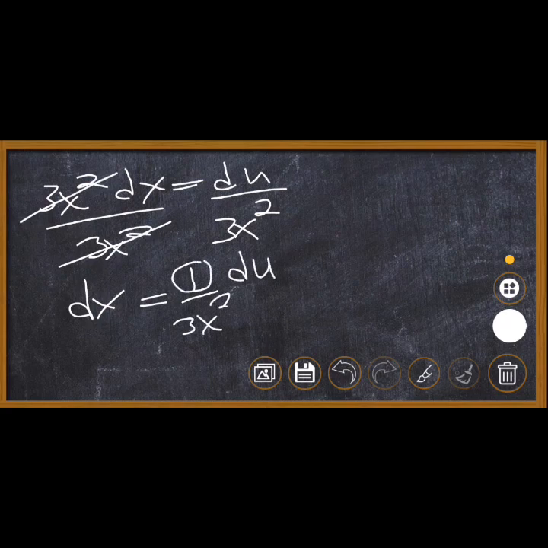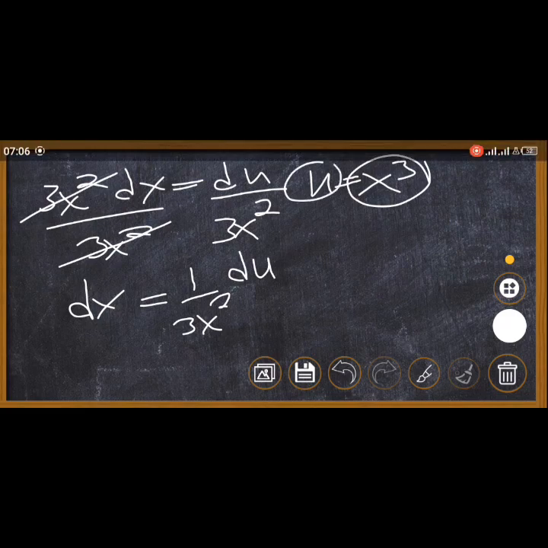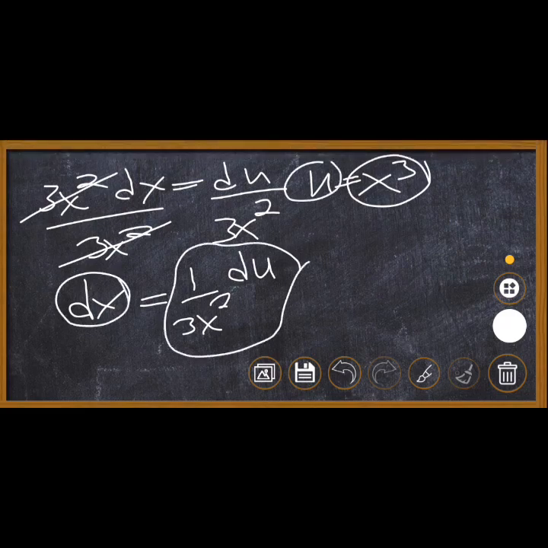Because 1 multiplied by du, it's simply du. So even if we write it like that, it's just okay. So now remember, we had said let u equal to what? Rather x power 3. So in our expression where there is x power 3, we are going to replace with u. And where there is dx, we are going to replace with this that we have here.